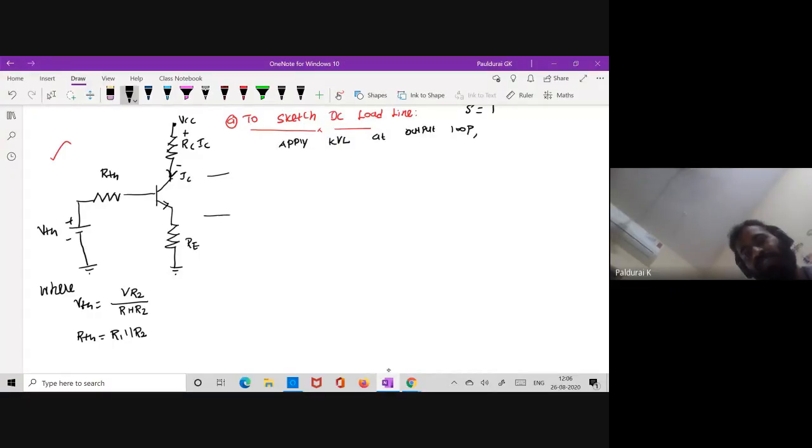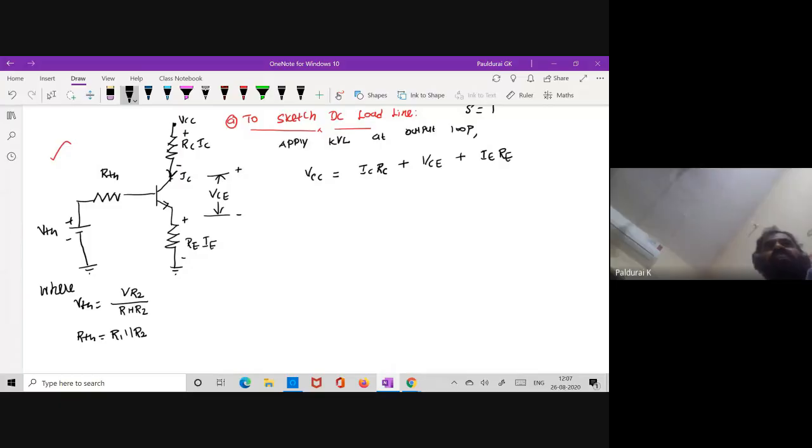Between collector and emitter you have VCE, and here IE times RE. So I am writing the applied voltage VCC equal to the voltage drop across RC, the voltage drop between collector and emitter, and the voltage drop across RE.